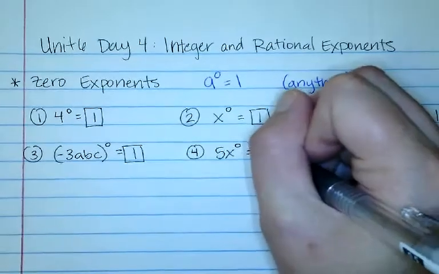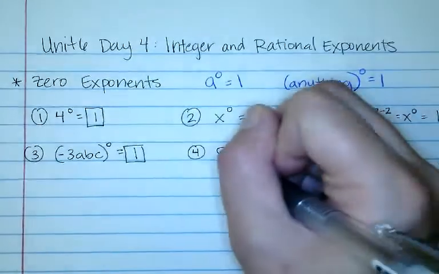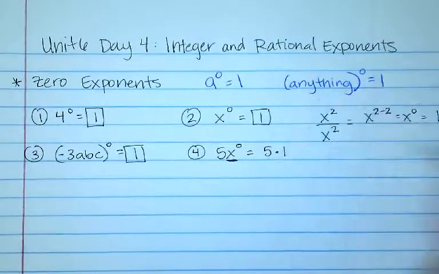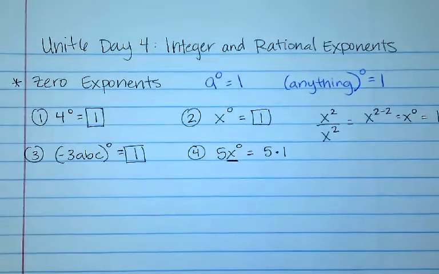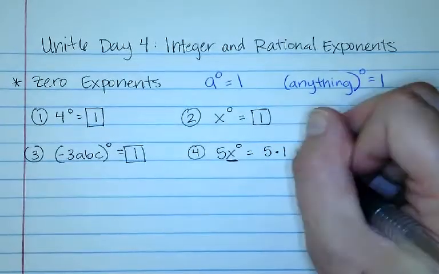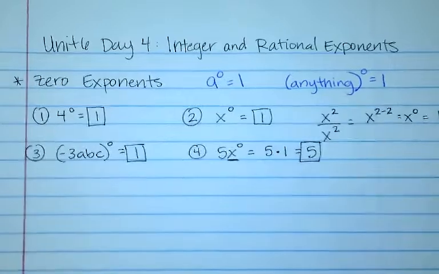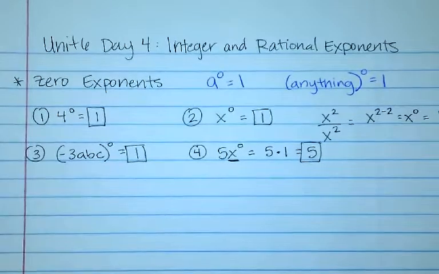No. So this is like 5 times 1, right? Because our x to the 0 is 1, but our 5 is just the coefficient. So 5 times 1 is equal to 5. Do y'all feel good about that? So only what's being raised to the exponent of 0 is equal to 1.